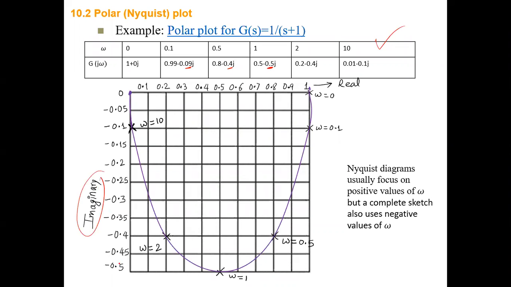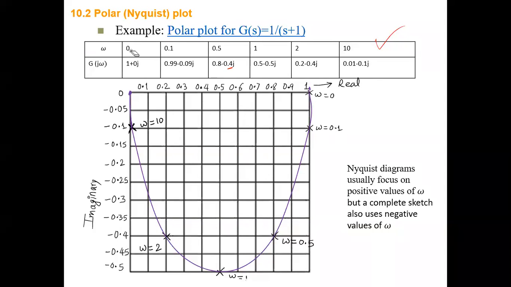On the real axis, I can go as high as 1, right? Then suddenly they are decreasing here. That's why on the real axis, the maximum is 1. Imaginary, negative 0.5, real 1. Now let's plot it.